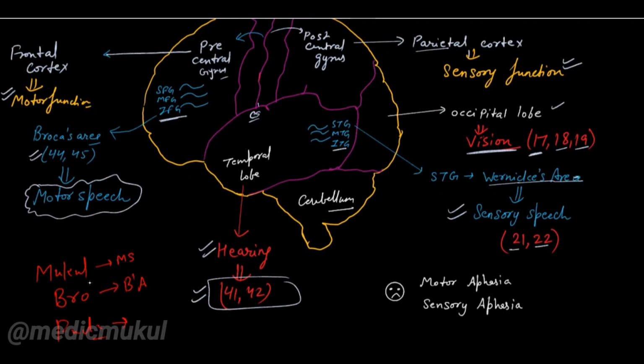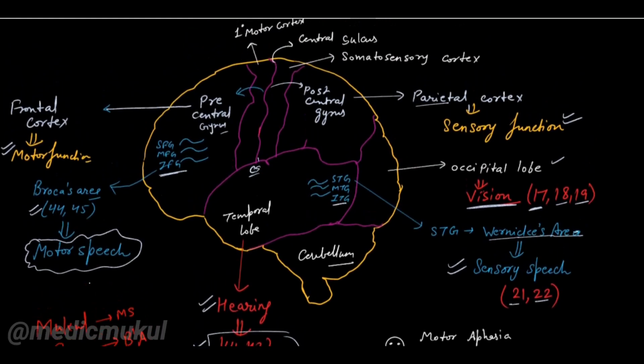F for frontal gyrus, which frontal gyrus? That is inferior frontal gyrus. So Mukul, bro, fuck: motor speech, Broca's area, and F means the frontal gyrus, the inferior frontal gyrus.